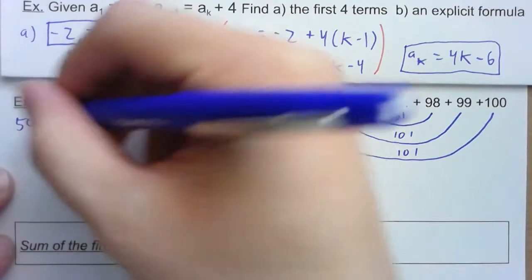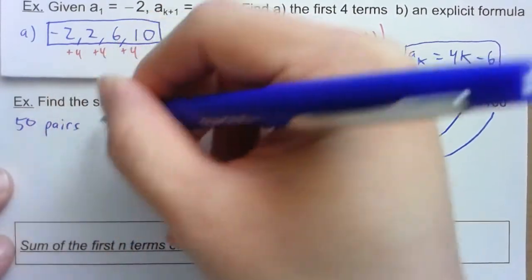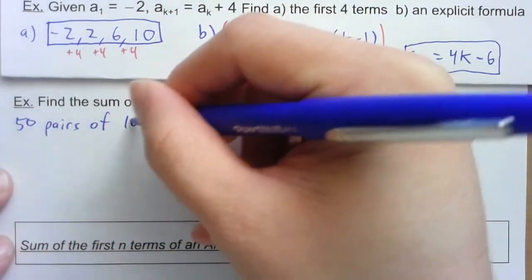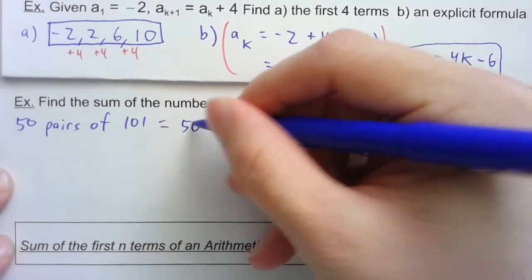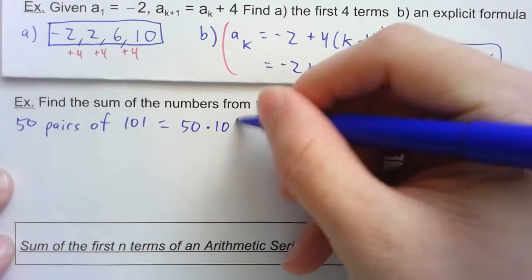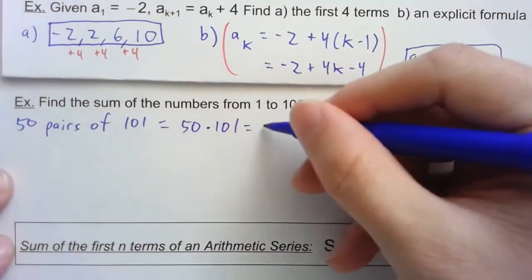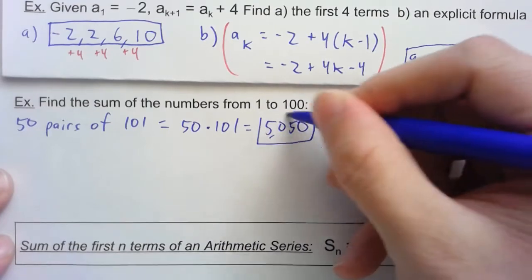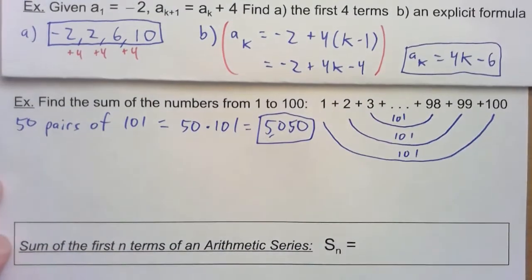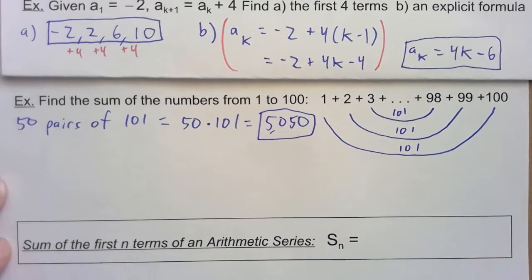So we've got 50 pairs of 101. That's 50 times 101, 5,050. A lot quicker than doing a whole bunch of addition, right? Really cool idea.